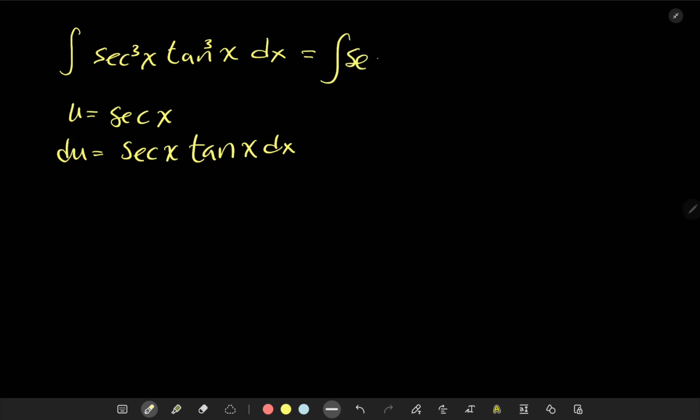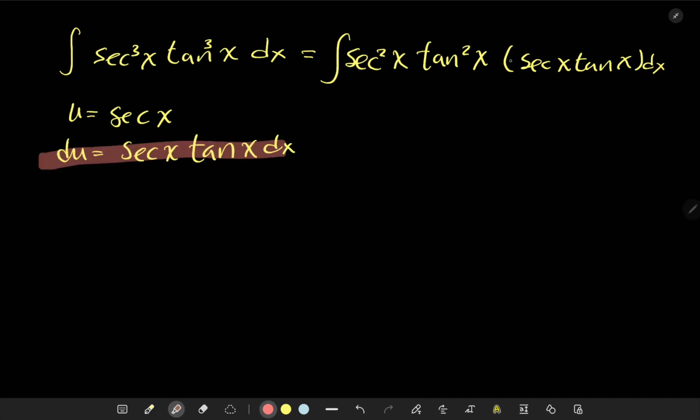I'm going to pull one secant out of these 3, so I'm going to be left with 2. I'm going to pull one tangent out of this, and then I'm going to have secant tangent dx. So you see what I did was separating out, or forcing, my du to appear there.